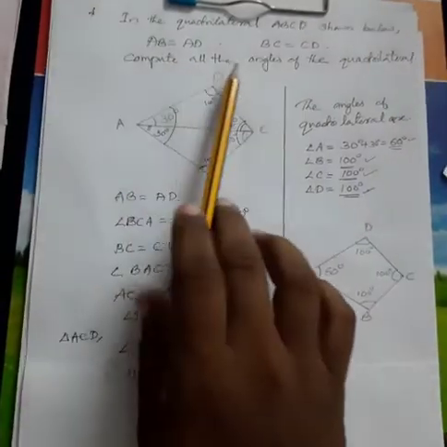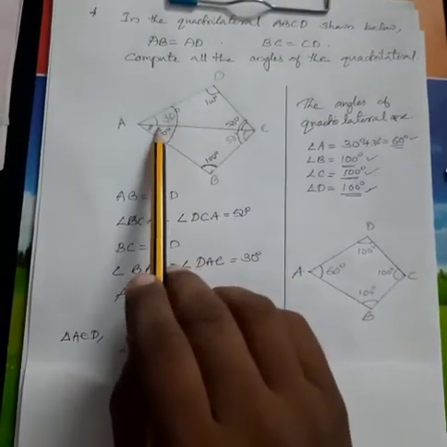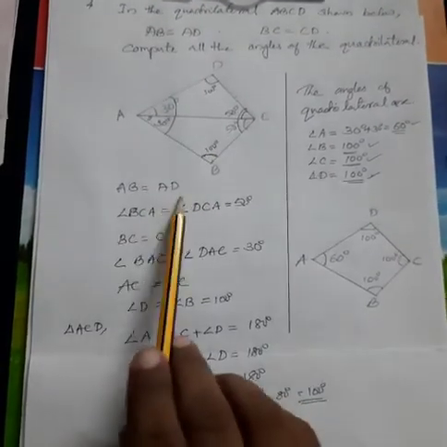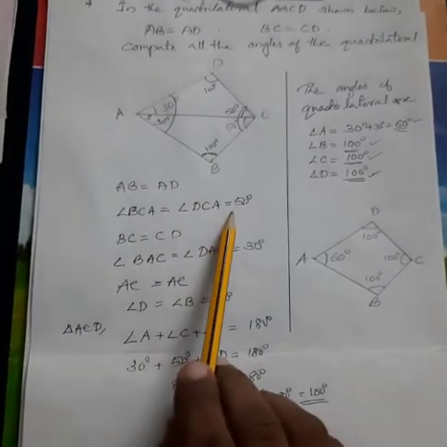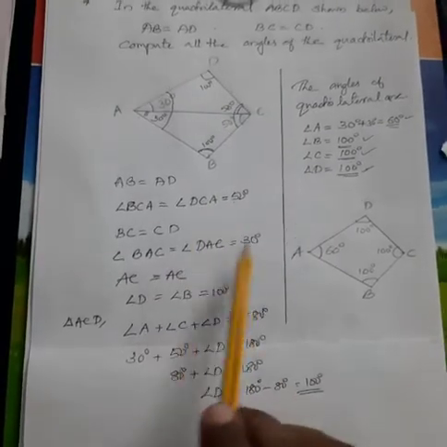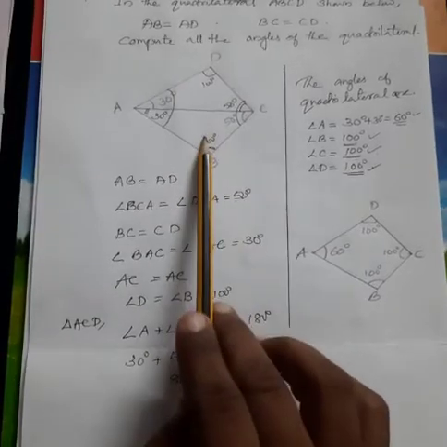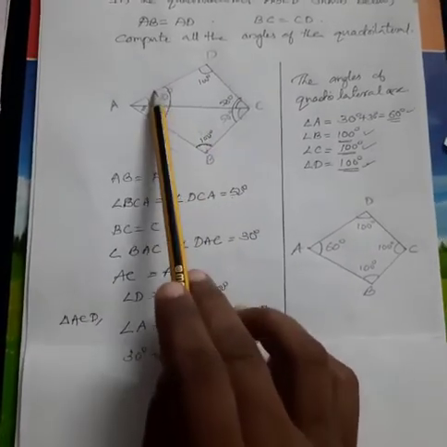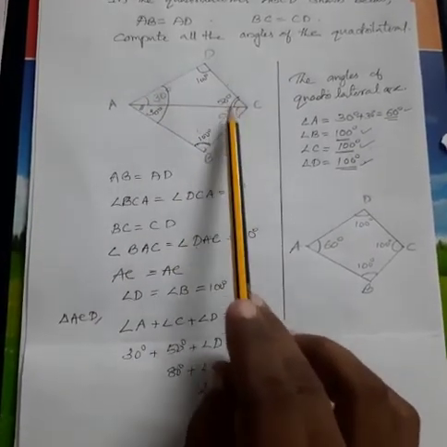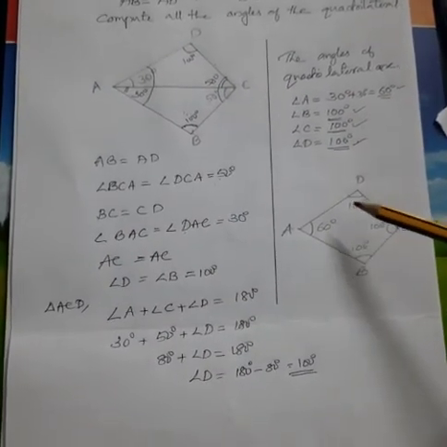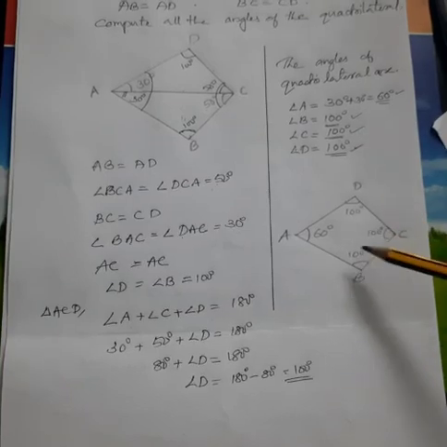So this question you have to do like this. First of all, you have to consider two triangles, find the equal sides, find the opposite angles, then equate them, find out the remaining angles in the triangles, then add these angles like this, then we have to write the angles of the quadrilateral.